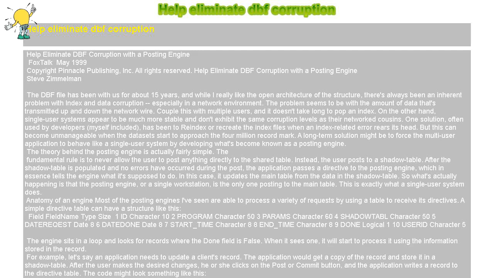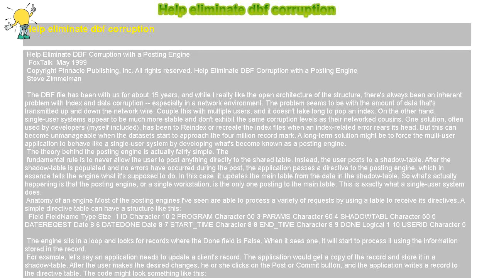A simple directive table can have a structure like this: field name, type, size: ID, character, 10; program, character, 53; params, character, 64; shadow table, character, 55; data request, date, 86; date done, date, 87; start_time, character, 88; end_time, character, 89; done, logical, 110; user ID, character, 5.